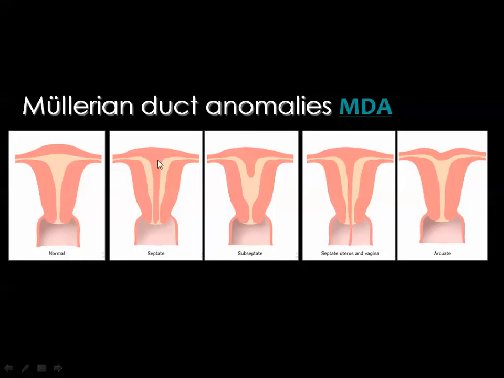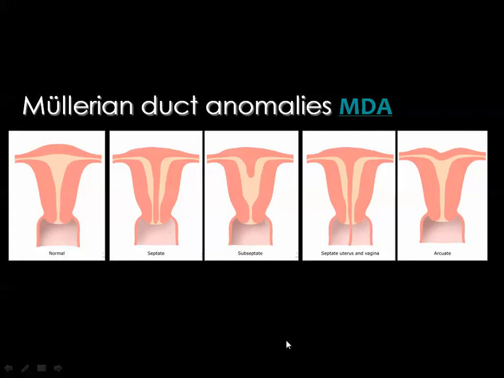And you see, it depends on the size of the septum. The septum may involve the whole cavity, and this is septate, and involve part of the uterine cavity, and this is subseptate uterus. And sometimes the septate uterus may have also a septum in the vagina. And finally, you get the arcuate uterus with some fundal depression, but the configuration of the uterus, the cavity, the cervical canal are maintained.